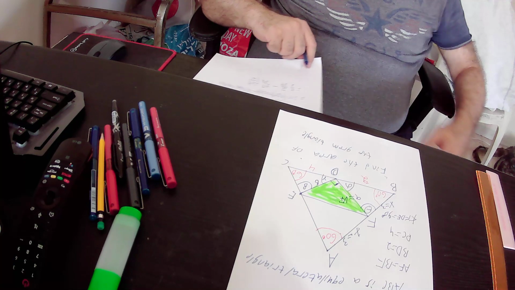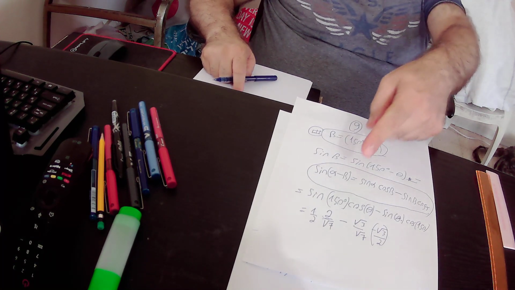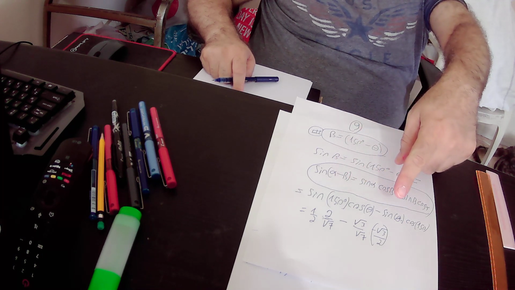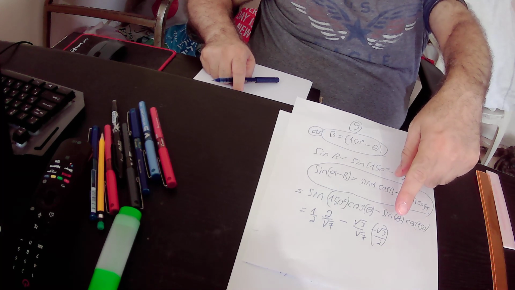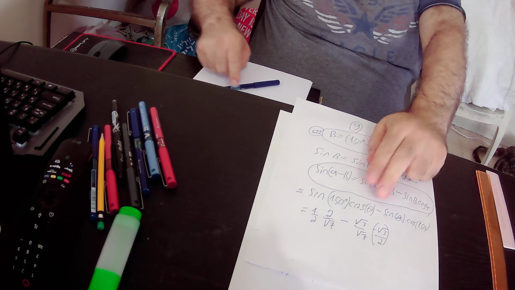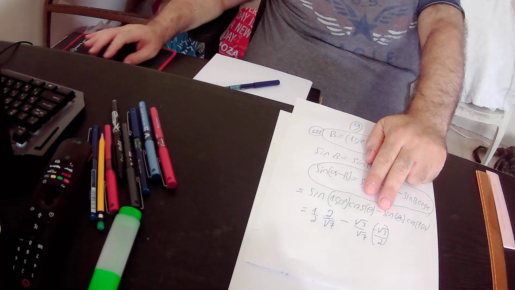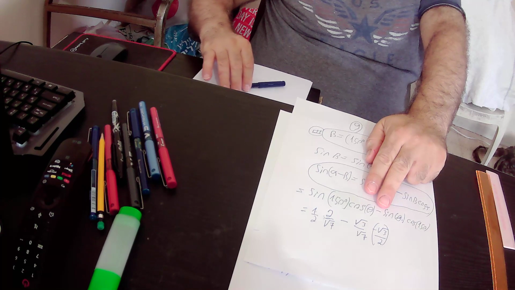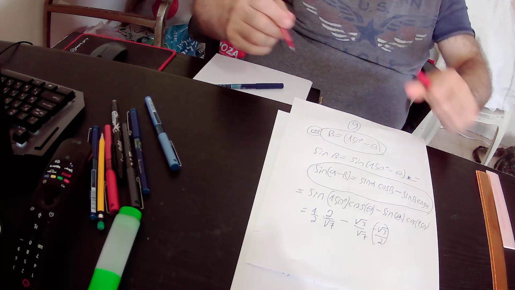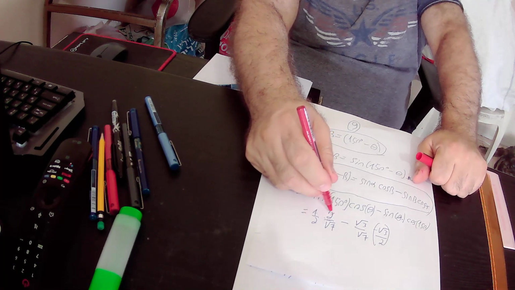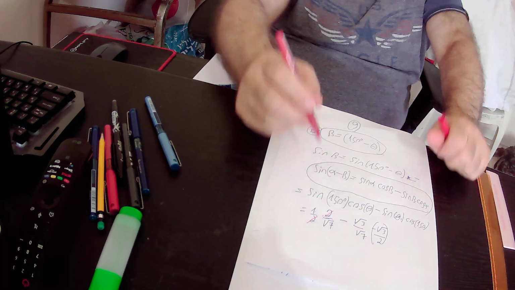Okay, so in total we got 1/2 times 2/√7 minus √3/√7 times minus √3/2. Here minus times minus is plus, and we have 2 in the numerator and 2 in the denominator, so 2 can be cancelled.